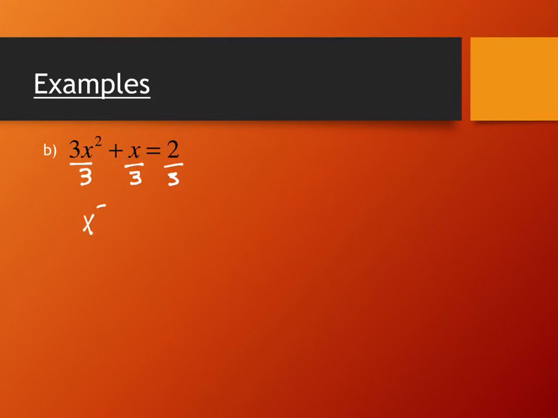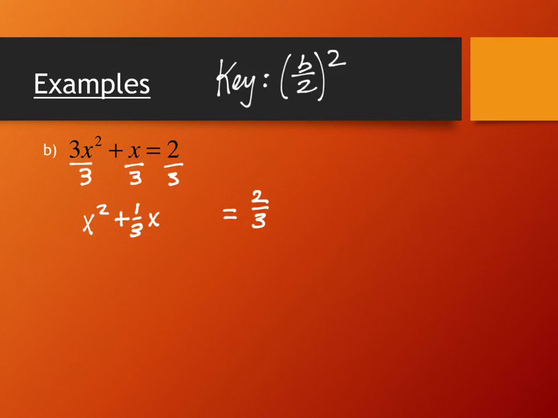So now I have x squared, I have 1/3 x. I'm going to leave a space, and it equals 2/3. The reason I have this example in here is because I want to show you the benefit that completing the square gives you in terms of how nice things factor. So we had mentioned on the previous slide, and we've mentioned it before, that the key is to take b divided by 2 and square it.